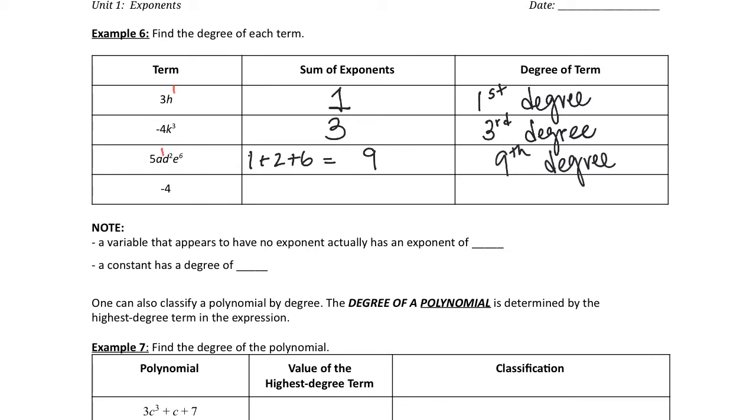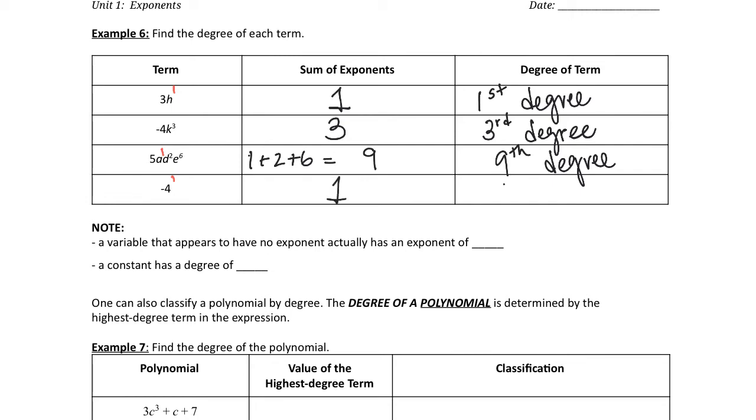And our last term is negative 4. Normally we are looking at the exponents that are attached to letters, but there are no letters in this particular term. But that's okay. Remember that if you don't see an exponent, even if there are no letters, there is still an exponent value of 1. So for the sum of exponents, all we can say is that we've got a 1.